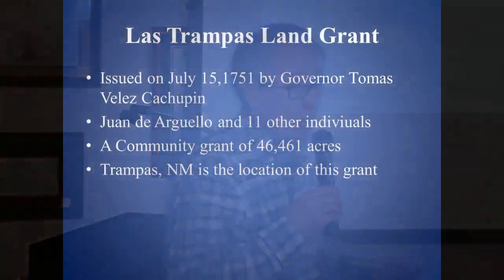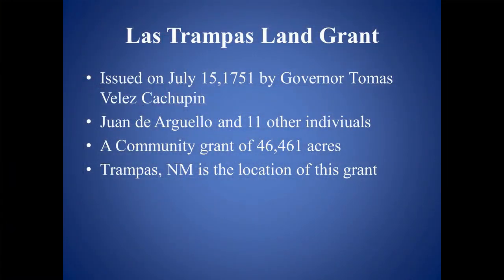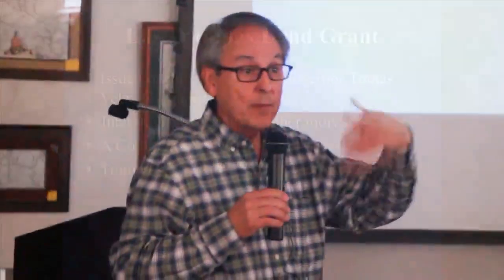Las Trampas land grant. And by the way, one of our genealogy friends, Gerald Arguello from Denver, is going to do a presentation to the Carrata Society Hispanic Genealogy Group in Denver on the Trampas land grant. His family goes back to the first Arguellos who came into the Trampas and were issued that land grant.